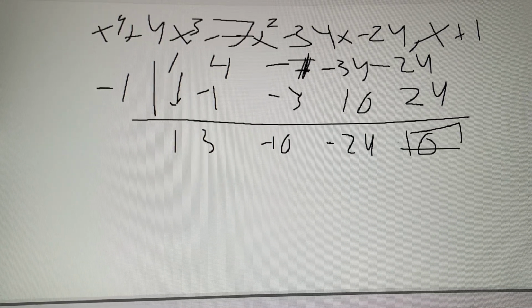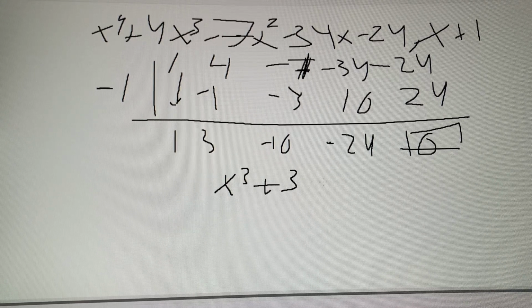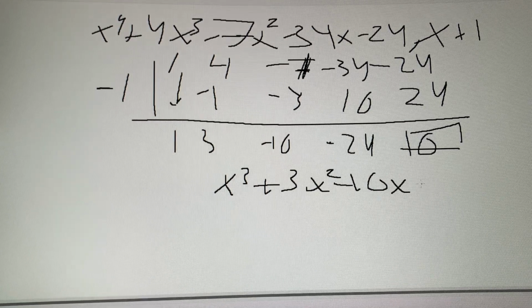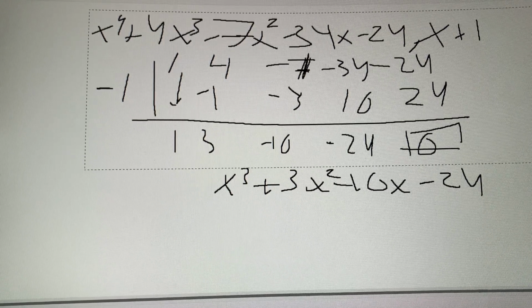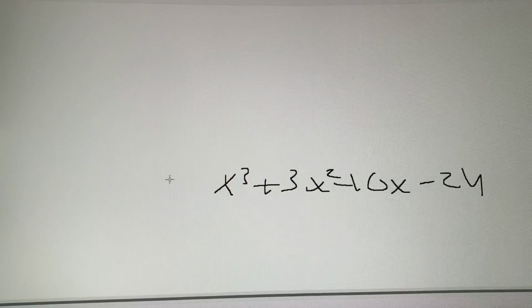We have no remainder. But what you'll notice is we still have a lot of values. We still have x squared plus 3x squared minus 10x minus 24. Wait, sorry, x to the third plus 3x squared minus 10x minus 24. We still have a bit too many values, so we're going to have to put it through another round of synthetic division, which I'll write up here.